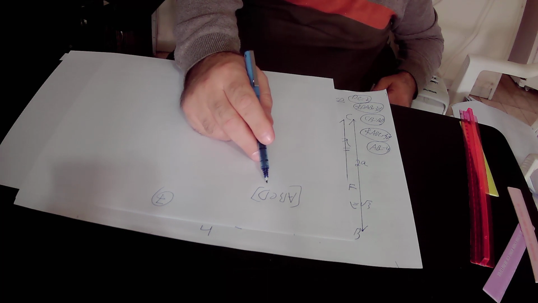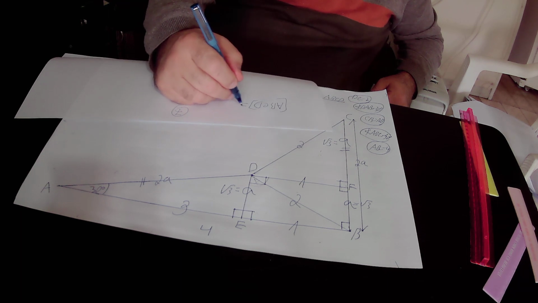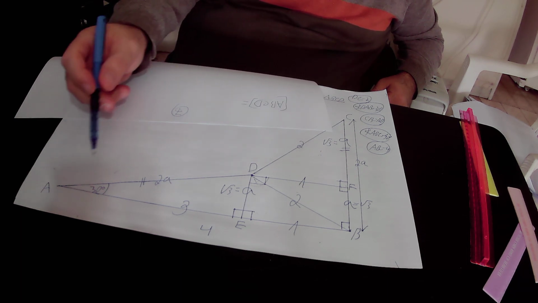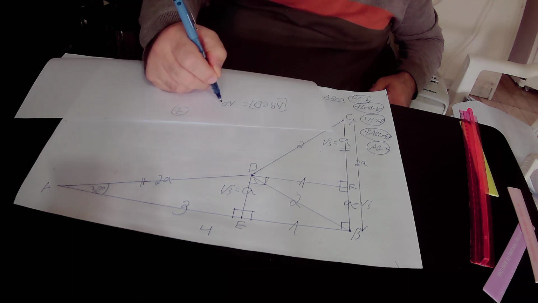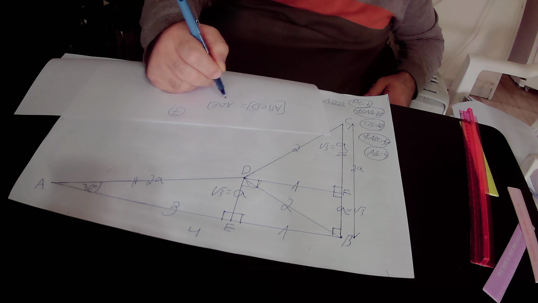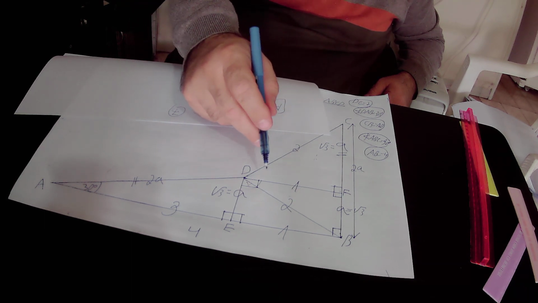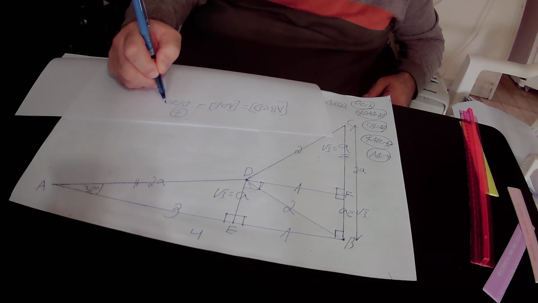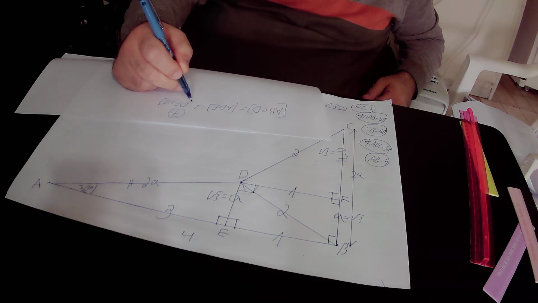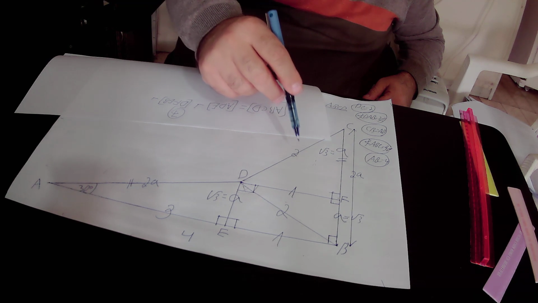It means the area of quadrilateral ABCD will be equal to the area of the right triangle ADE, this triangle, plus the area of rectangle DFEB plus the area of the right triangle CDF.